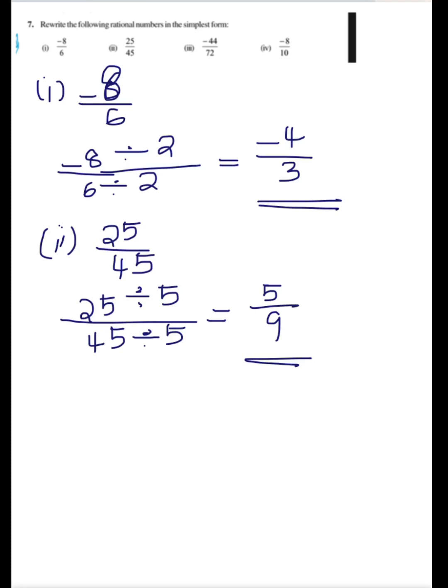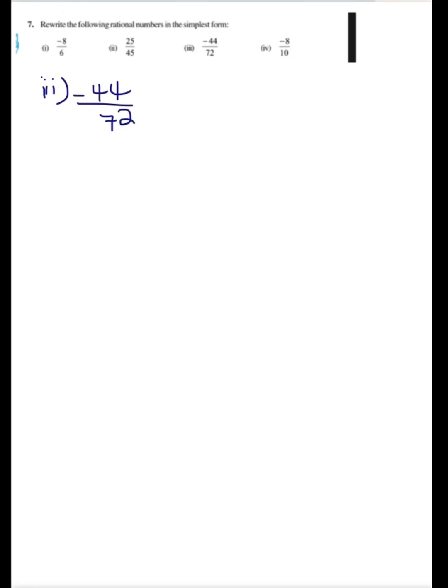Okay. Now let's take the third question, which is minus 44 by 72. Here also I need to divide both numerator and denominator by a common factor for both 44 and 72. Suppose I am taking 2, because both 44 and 72 have a common factor 2.